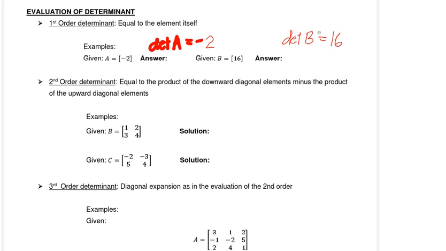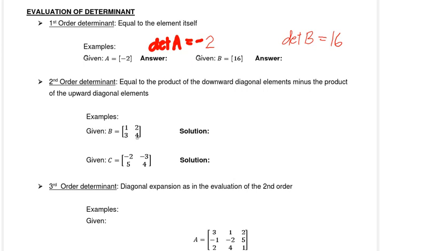So, for the second order determinant naman, when we see second order determinant, that is equal to the product of the downward diagonal elements minus the product of our upward diagonal element. So, say we have here given matrix B with a 2 by 2 matrix. So, equal siya sa 1, 3, 2, 4, a 2 by 2 matrix.